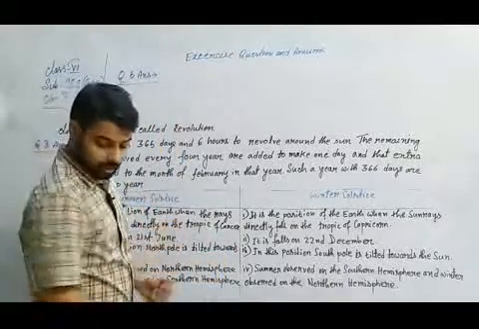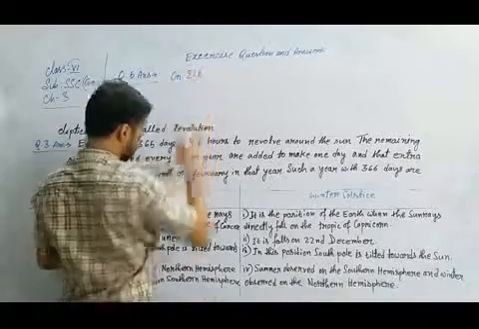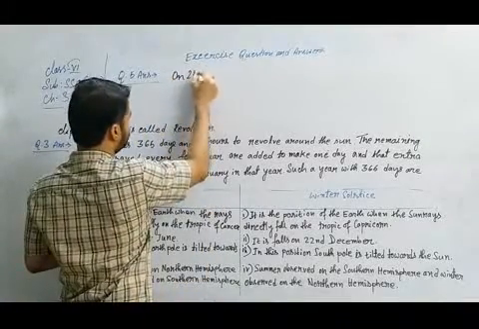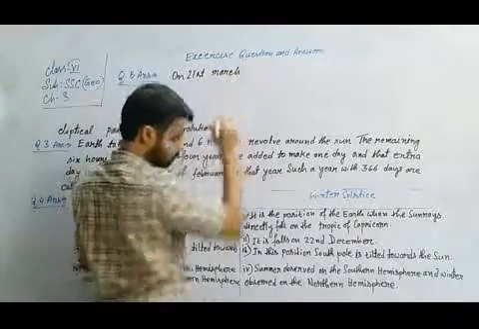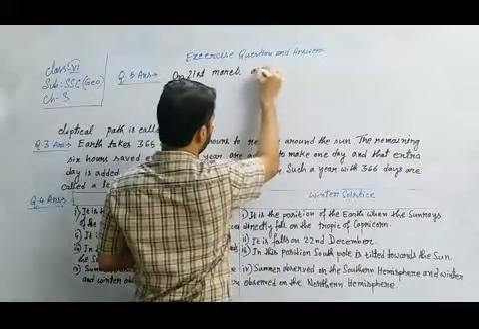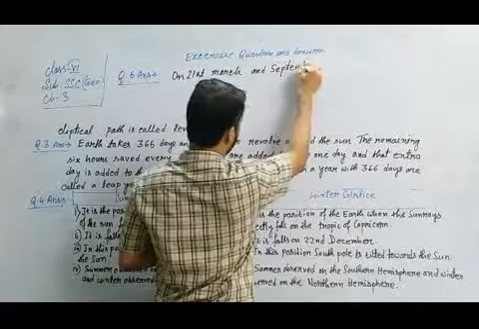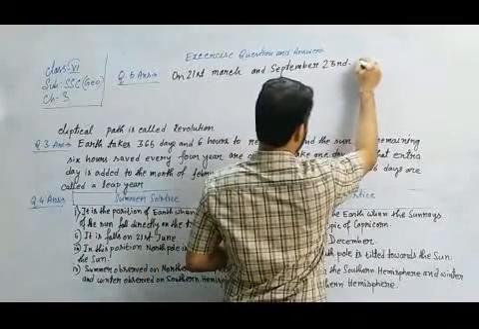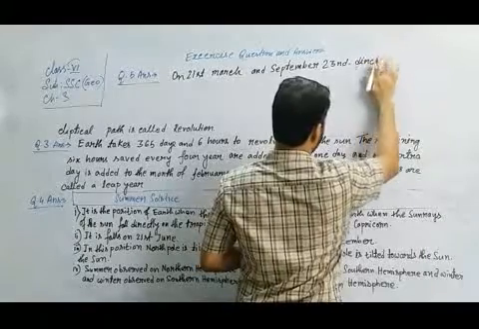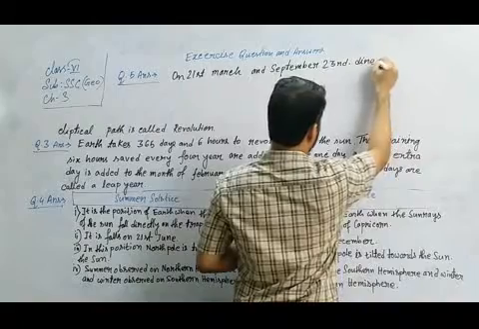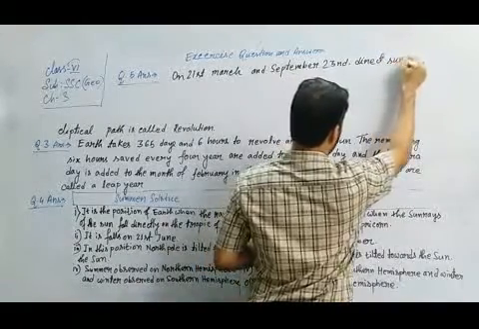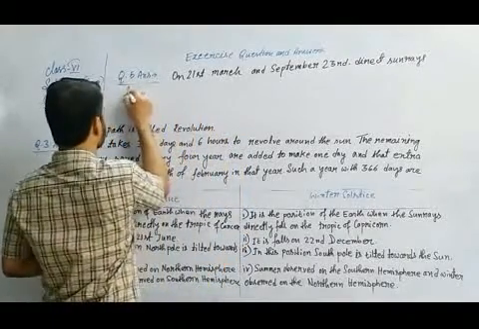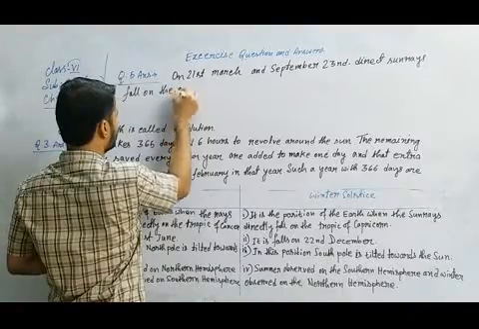I am directly writing the answer here: on 21st March and September 23rd, direct sun rays fall on the equator.